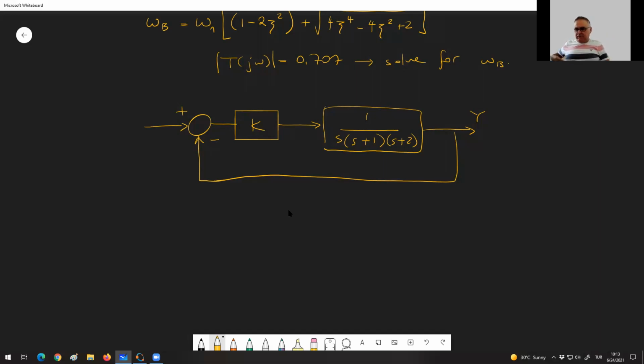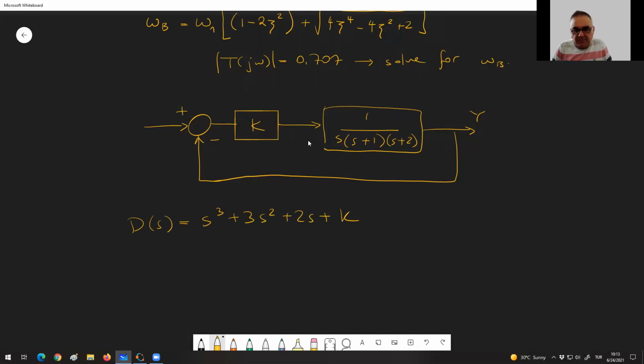First of all, we can just first look at the stability of this system. The denominator of the closed loop transfer function, as you know, is s cubed plus 3s squared plus 2s plus K, I think.